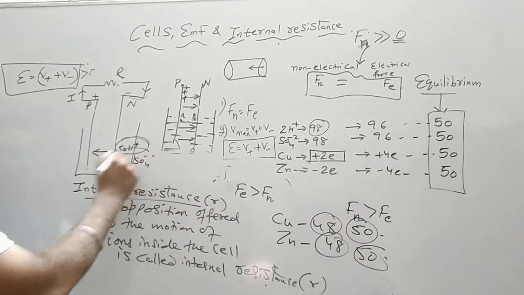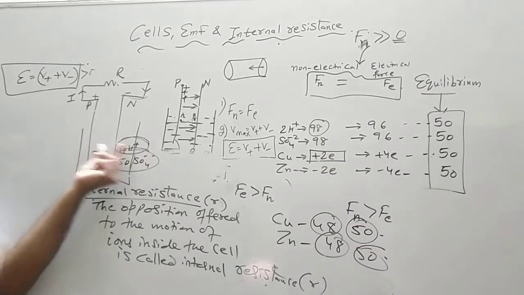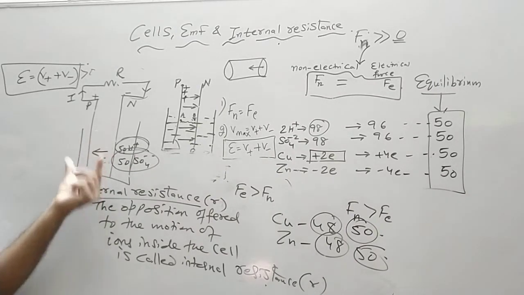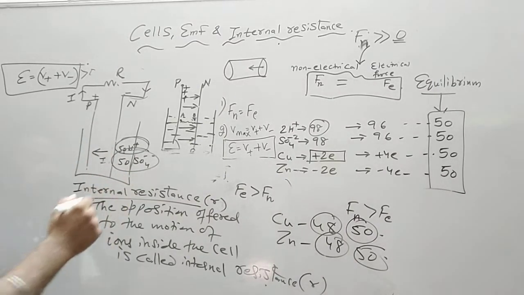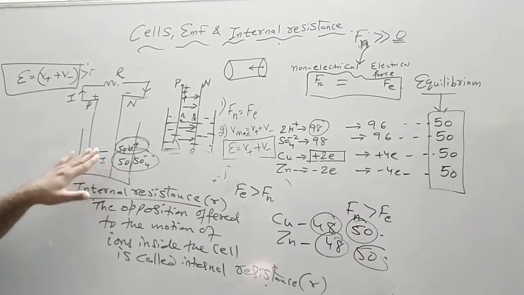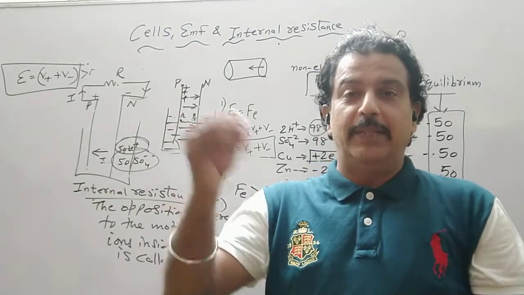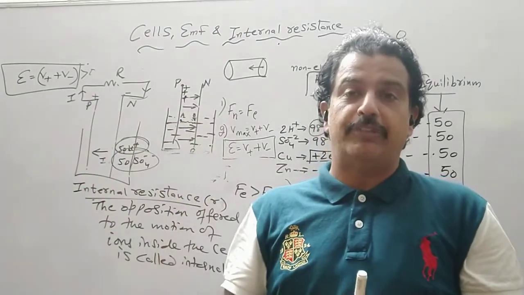So they have their internal resistance. All 50 will try to move towards this rod. So this is the situation where the ions find an opposition to their motion itself, or there may be some impurity. Sometimes when we have taken dilute sulfuric acid, it is impure. So that impurity also opposes the motion of the ions.